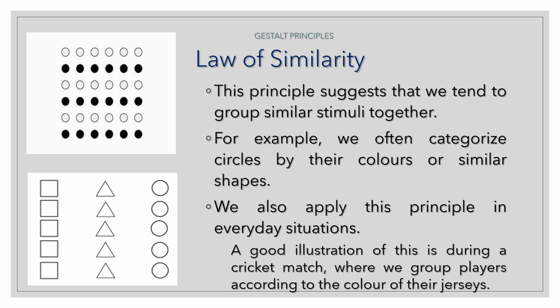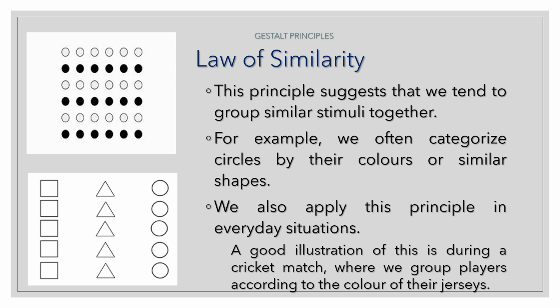Similarly, the law of similarity. The principle suggests that we tend to group similar stimuli together. For example, in the first figure, you can organize the black circles in one group and the whites in the other. In the second picture, you can organize the squares in one group, the triangles in another, and the circles in another group. This applies in daily situations also.